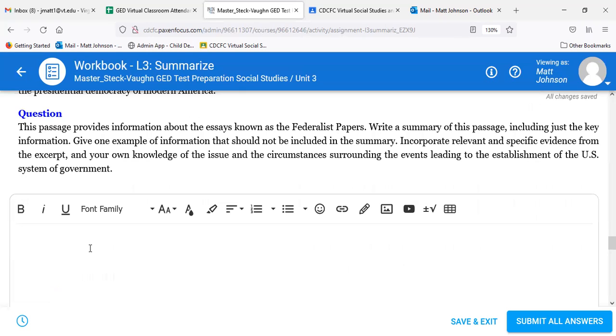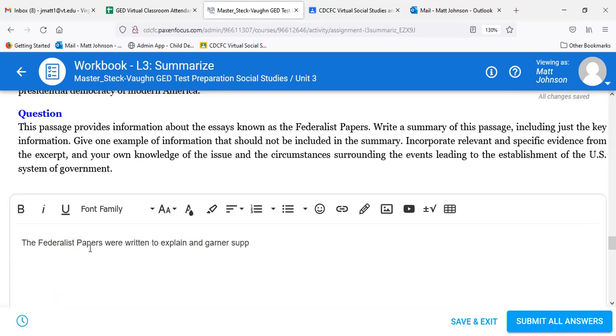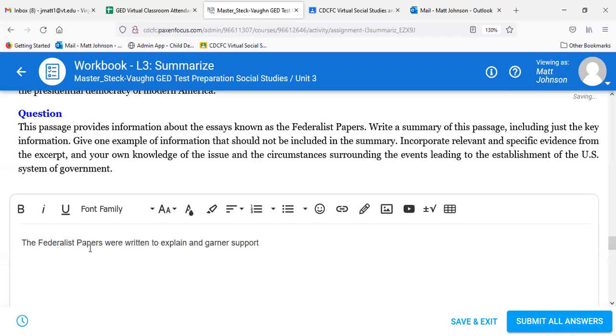We could start with the Federalist Papers were written to explain and garner support, garner being gaining, for the new government.